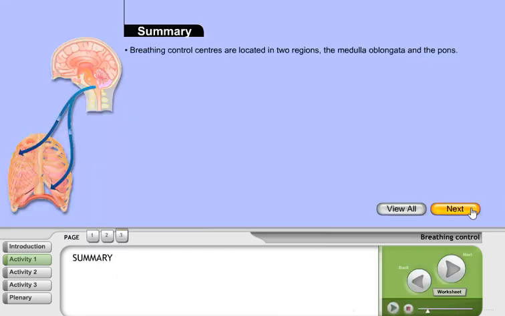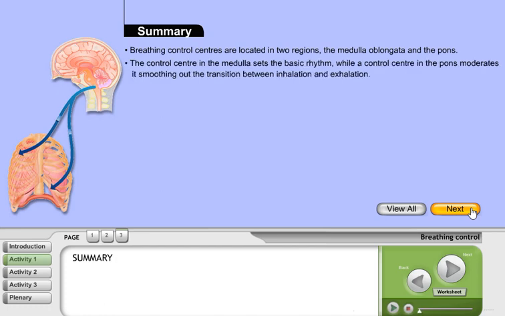Summary. Breathing control centers are located in two regions, the medulla oblongata and the pons. The control center in the medulla sets the basic rhythm, while a control center in the pons moderates it, smoothing out the transition between inhalation and exhalation. The breathing centers send their impulses to the diaphragm and the rib muscles.